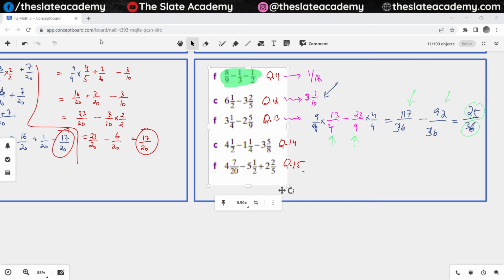Why is that called an improper fraction? Another question, let's clear that. If I say 5 out of 7, what does 5 out of 7 mean? It means there are 7 things, and out of those I'm choosing 5. If I say 7 out of 5, how can I choose 7 out of 5? If there are 5 things, how am I choosing 7? That is why this needs to be converted, and the first one doesn't need to be converted.